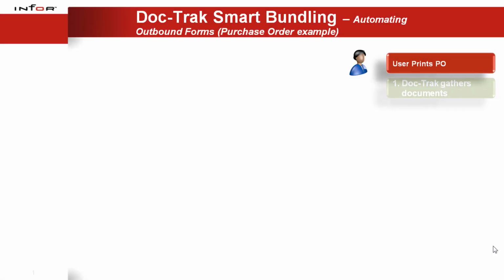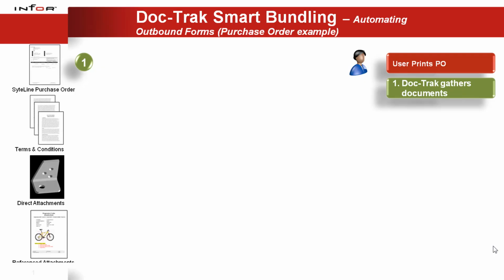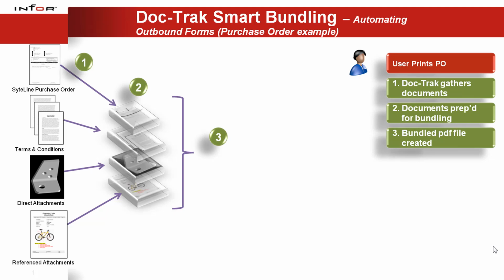Step 1. The documents are gathered. For this example, these documents include the Sightline purchase order, the terms and conditions form, and 2 other documents. Step 2. The documents are prepared for bundling. Step 3. The bundled PDF file is then created.